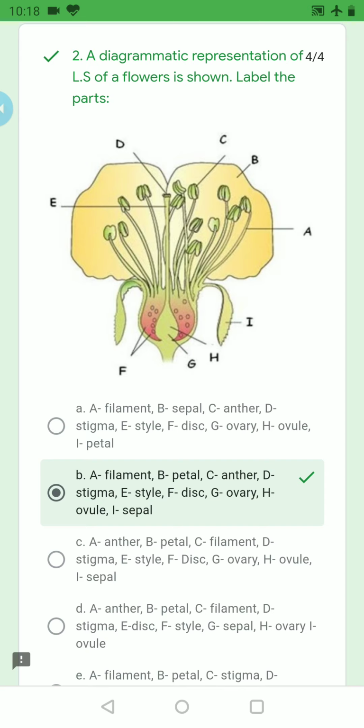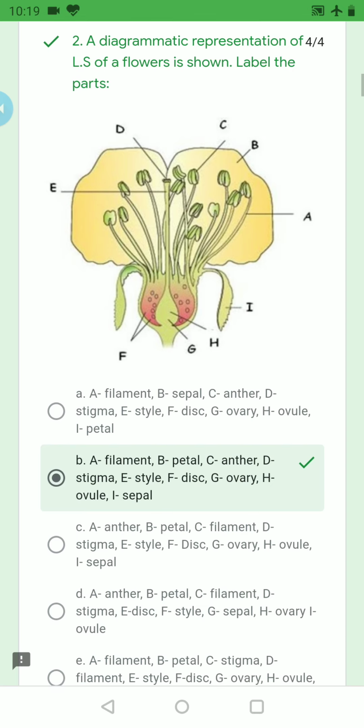What about E? Style. F is disc, G is ovary, H is ovule, and I is the sepal. So the labels of the LS of the flower are clear, and B is the right answer. This question is related to a diagrammatic representation of the LS of a typical flower. I think it's clear.